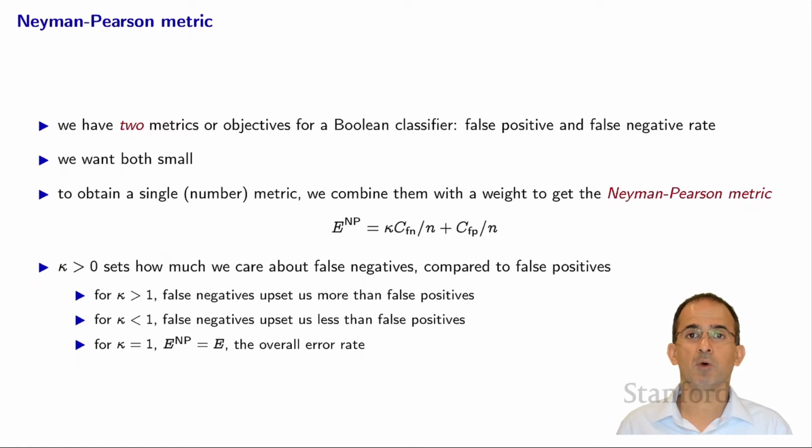And keeping the error rate small is fine, but sometimes it's not what you want out of a classifier. So, for example, if you have a manufacturing line, you have a camera that's looking at the objects that are coming off the manufacturing line and is trying to determine whether or not they are correctly manufactured or incorrectly manufactured.